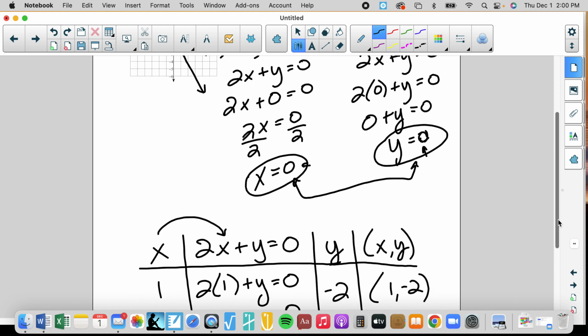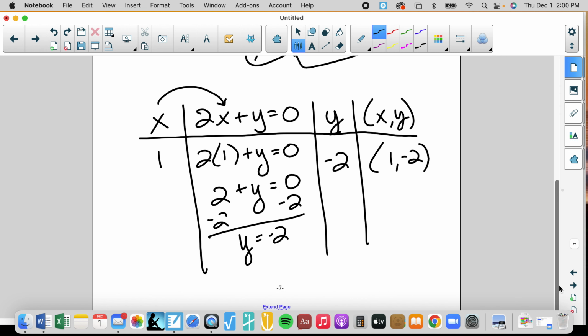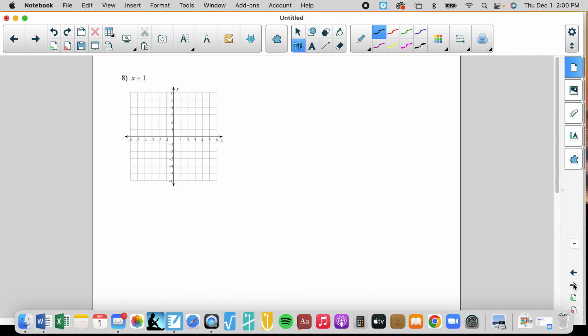Those points shouldn't change. So we had to find a secondary point by choosing another value, plugging in an x and figuring out what the y value is for that x value.